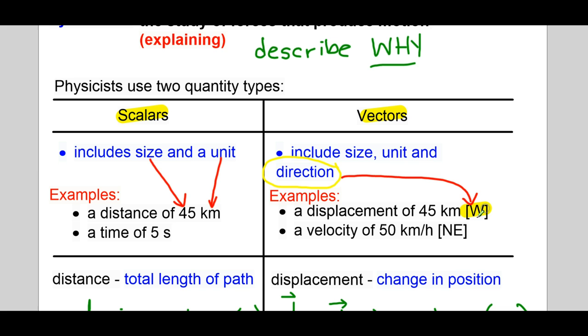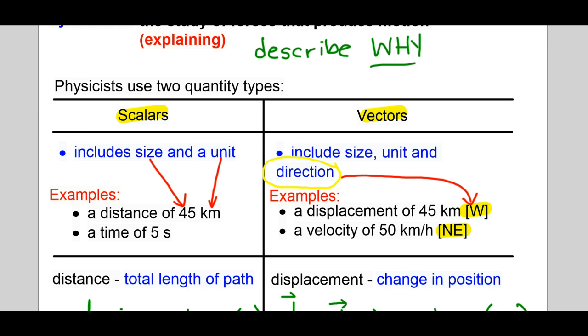So any number where a direction is stated after it, we call it a vector. Any number that is just a quantity or amount of something can still have units, but it's scalar if it does not have a direction associated with it. It doesn't always have to be west, east, north, or south. It could be left, right, up, down. Any indication of direction makes a quantity a vector.